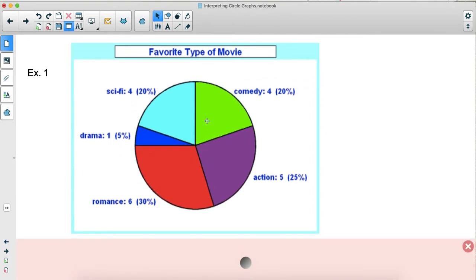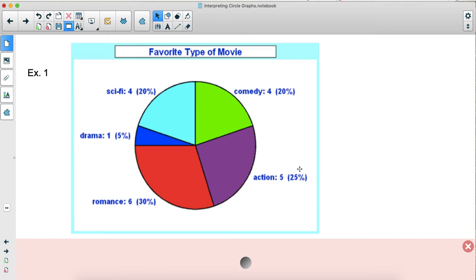So this pie chart is broken up into all these different sectors here, and now I can look and see, oh, look at that, the comedy is made up of 20%, the sci-fi is made up of 20%, drama only 5%, romance really high, 30%, and action is made up of 25%. All right, so this does tell us what we're looking at and tells us what each of these sectors' percentage is.